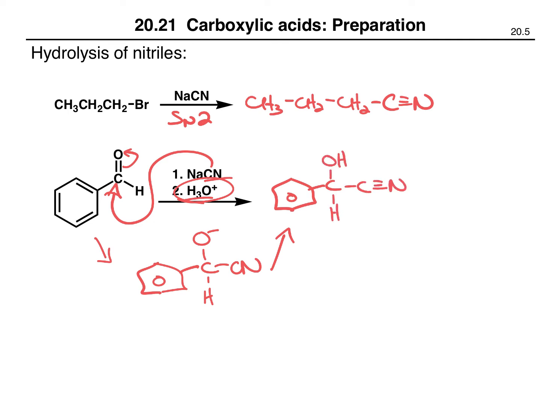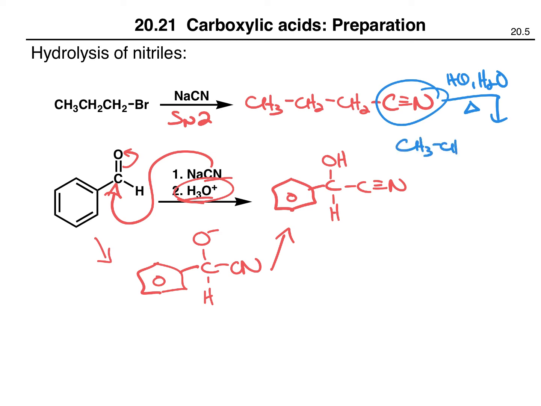So we know a couple of ways to make nitriles, but now once we have a nitrile, if this is treated with HCl and water, or it could be hot aqueous acid, then this nitrile is converted to a carboxylic acid.